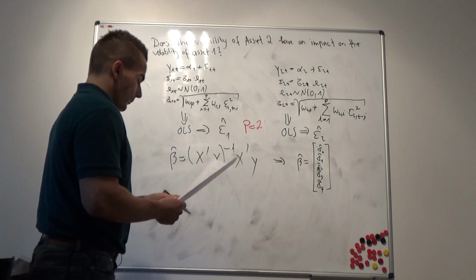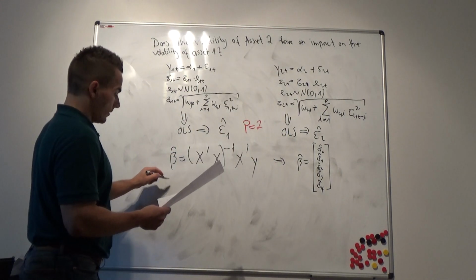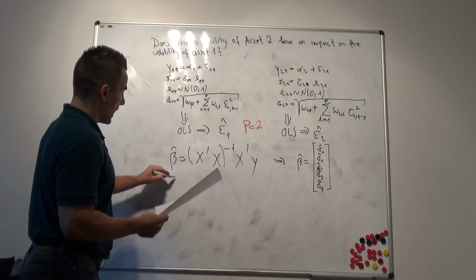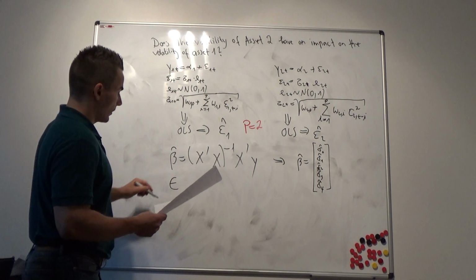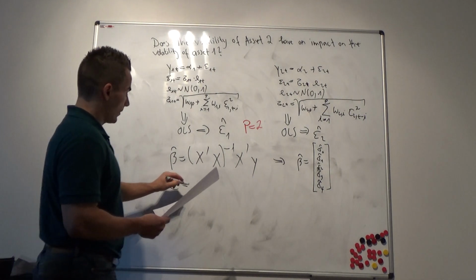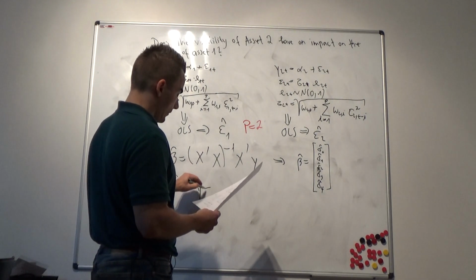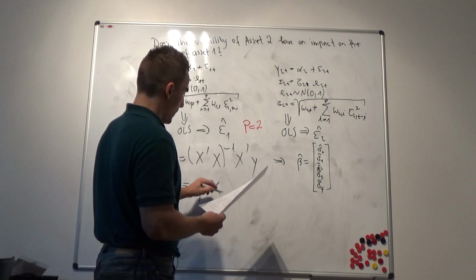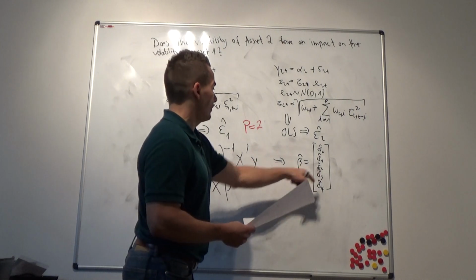Then we know our error vector for this regression equation, this e hat, is given by Y minus X times this beta hat.